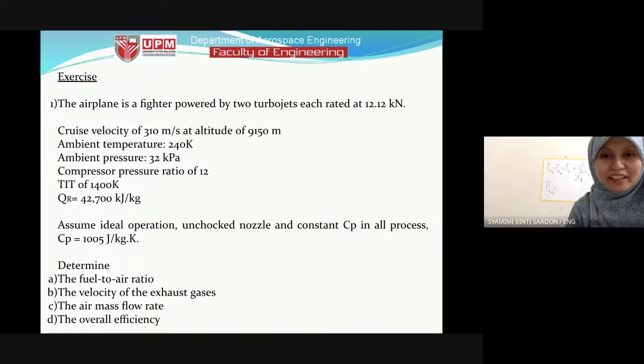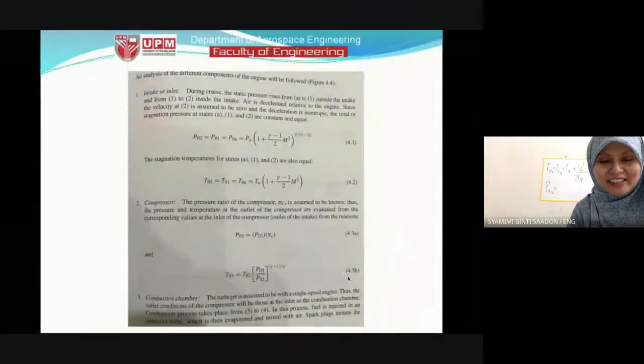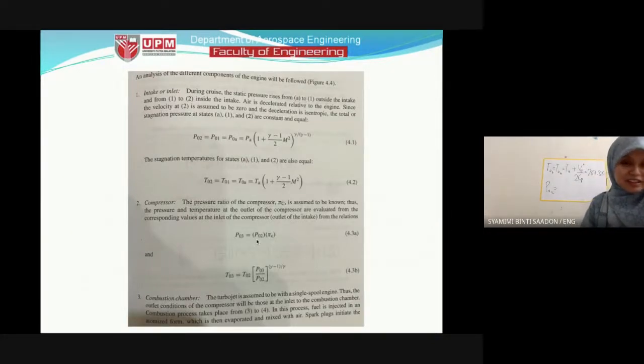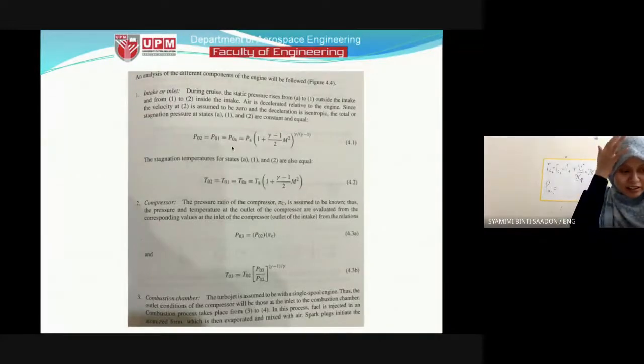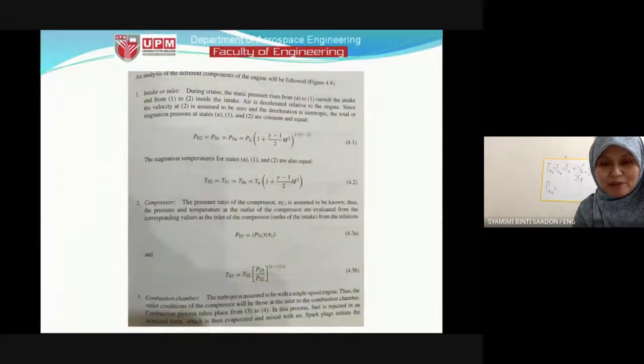So look at the equation given in the lecture notes. Can we use the equation given? This one, no, sorry, this one. But it's actually the same definition.